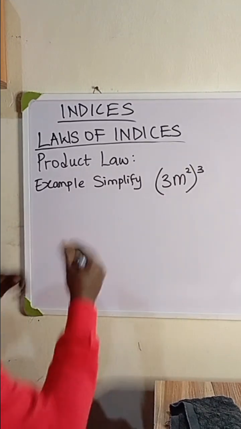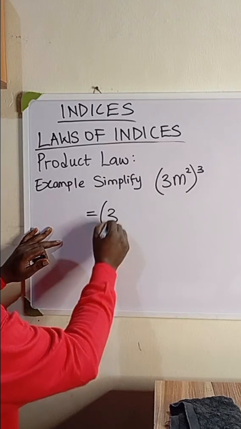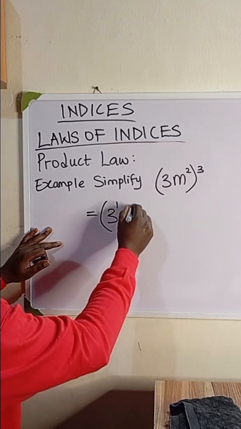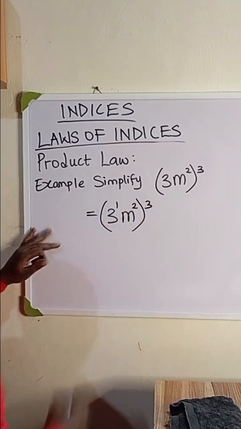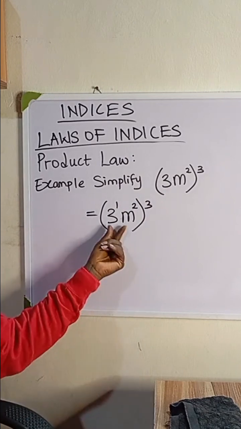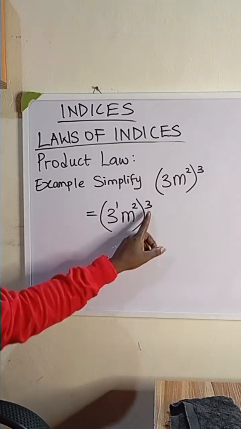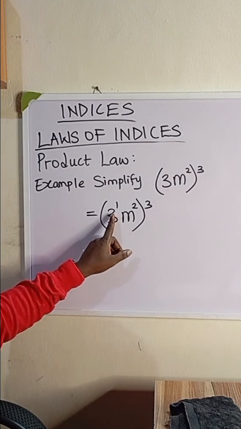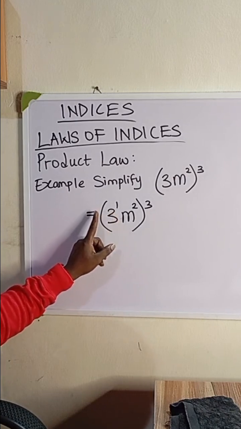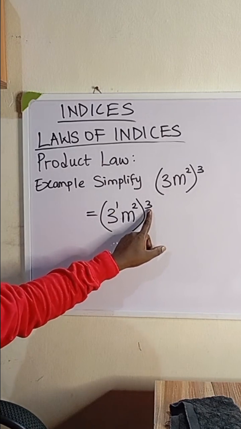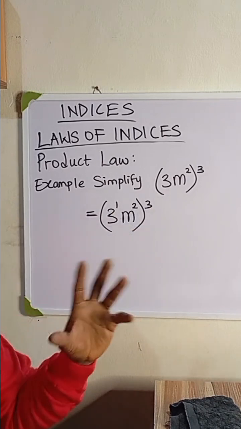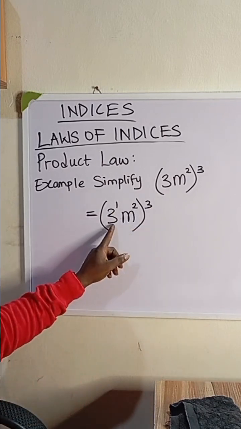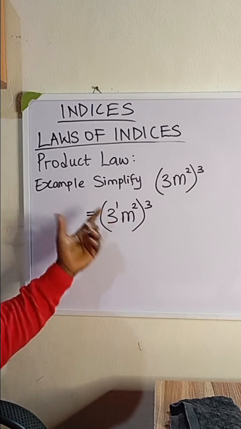So let's bring it out. We have 3 to the power of 1, m to the power of 2, all to the power of 3. Since 3 is inside the bracket, the exponent outside the bracket also affects the exponent of 3. But if 3 is outside the bracket, then this exponent does not affect it. So you should always be careful to know if the value is inside or outside the bracket.